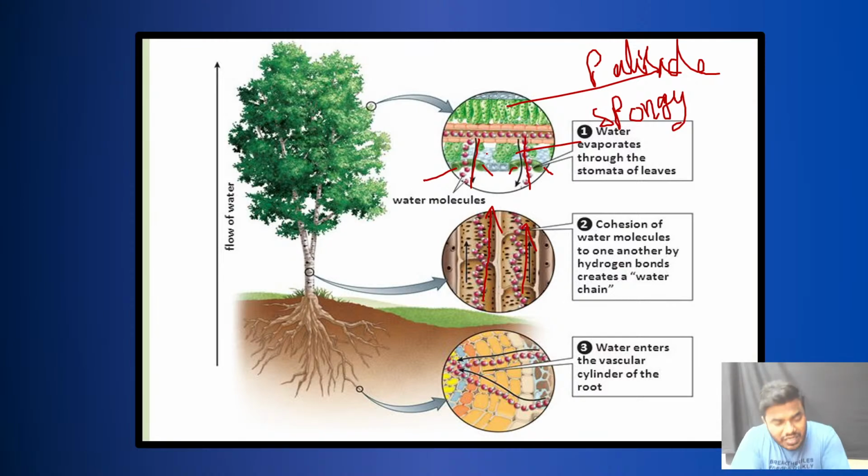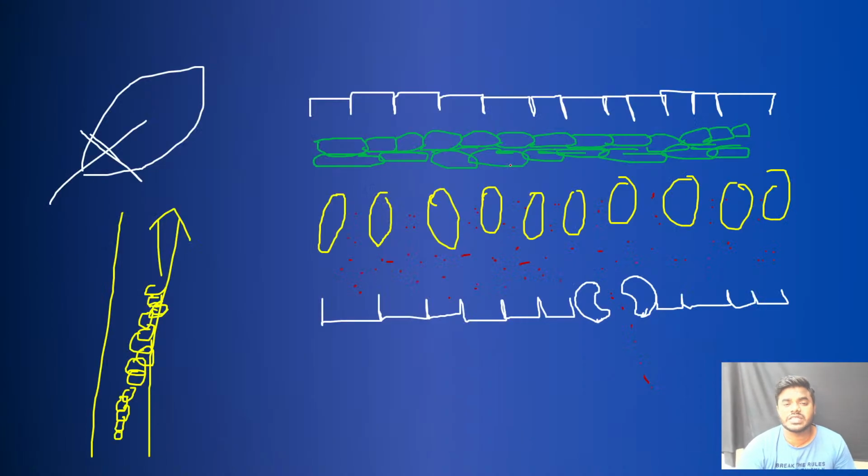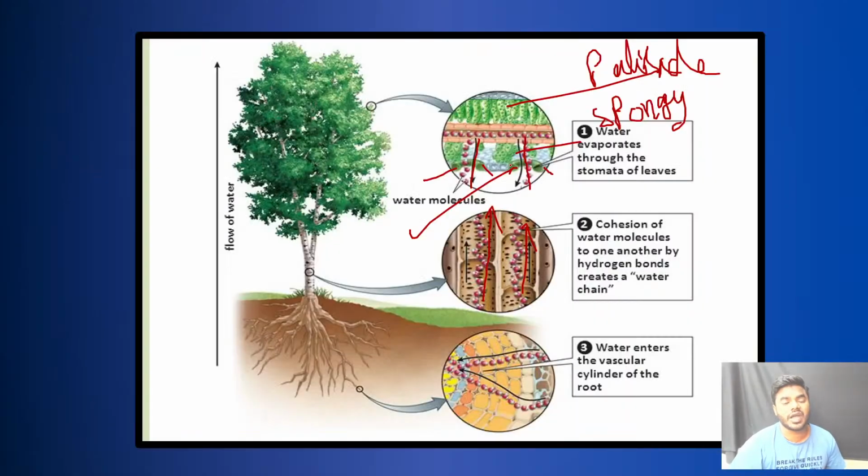What are they doing, friends? They are pulling the water from the intercellular spaces, which creates a pressure on this particular water chain. That is how the water chain is coming from the root to the tip of the shoot. Very, very simple point it is.